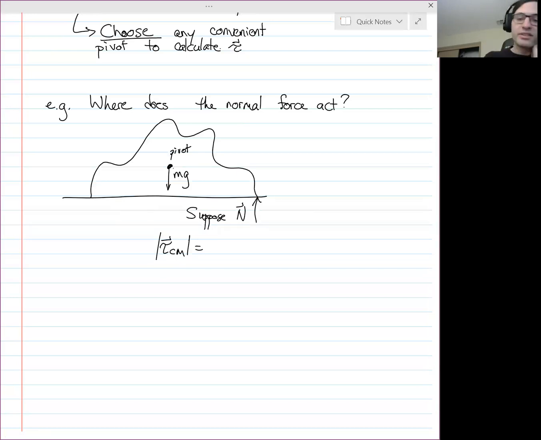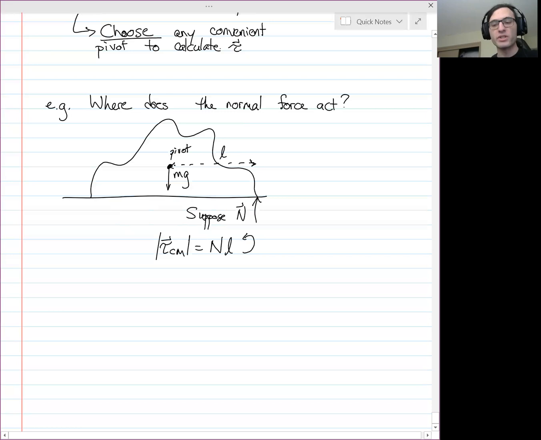And so we would just have to figure out this distance. Let's call it L, just to give it a name. Then the magnitude of the torque from the normal force would be N times L, and it would be counterclockwise.